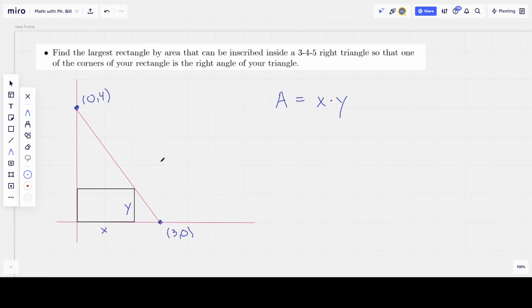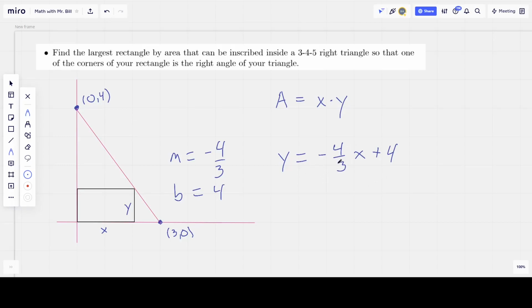I need a slope, which is 4 down and 3 right, so negative 4/3. And then I need a y-intercept, which is just 4. So the equation of my line is y equals negative 4/3 x plus 4.